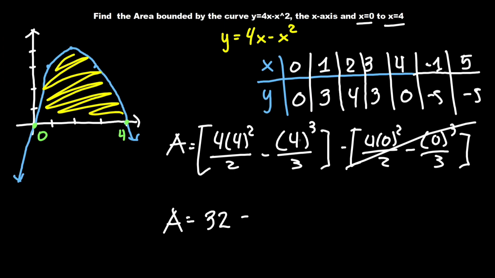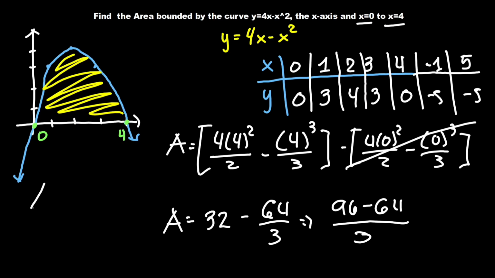Minus 4 cubed, which is 16 multiplied by 4, is also 64, divided by 3. And so, doing a common denominator, multiply 32 by 3, which is 96, minus 64, all divided by 3. And so our area right here would be equal to 32 over 3 square units.